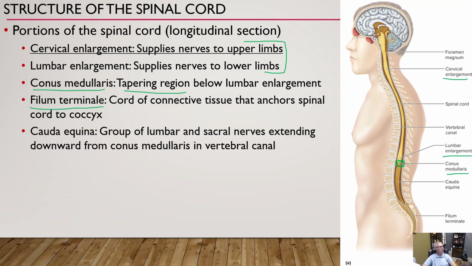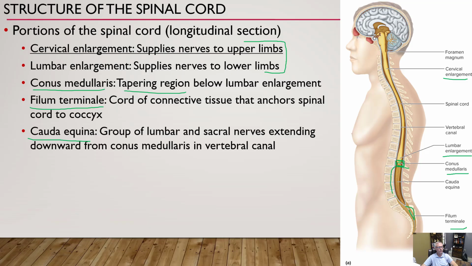We have the filum terminale, which is down here. It's connective tissue that anchors the spinal cord to the coccyx. Your coccyx is your tailbone. And then we have the cauda equina.